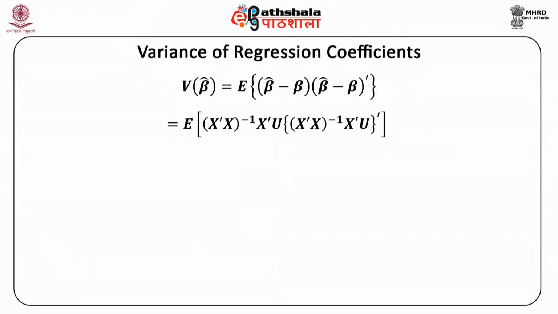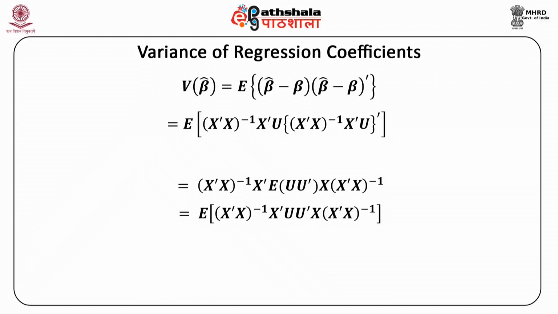So this is equal to the expected value of (X prime X) inverse X prime U U prime X into (X prime X) inverse. Hence this is equal to (X prime X) inverse X prime times the expected value of U U prime into X (X prime X) inverse. Now this is equal to (X prime X) inverse into X prime sigma square I n into X (X prime X) inverse.